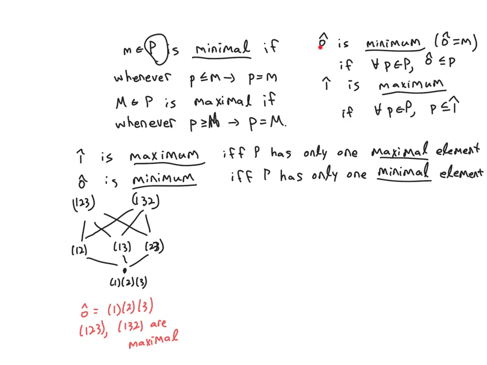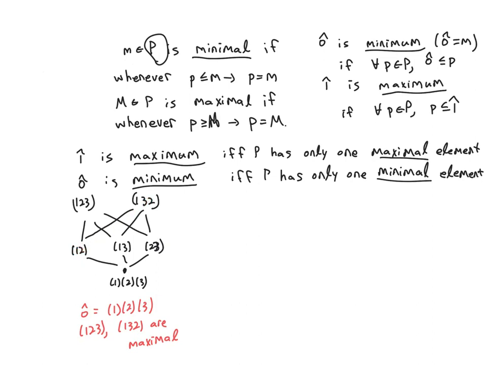So whenever we see 0 hat, that means it's the minimum element. 0 hat is minimum if for every other element p, 0 hat is less than or equal to p. Similarly, 1 hat is a maximum element if every other element is below it. For instance, this element is a minimum because everything is above it. On the other hand, there is no maximum element in this poset, because while these two elements are maximal, they are not comparable, so this condition is not met for this element, and is not met for this element either. And everybody else has at least something above it.